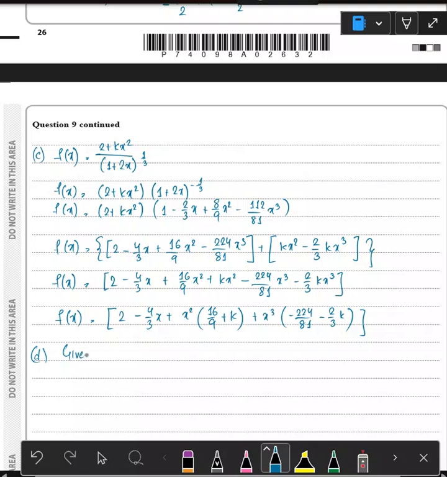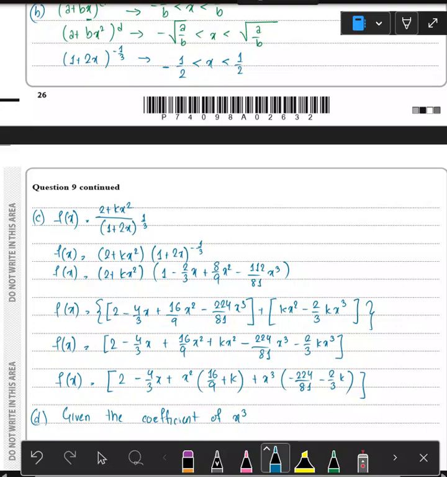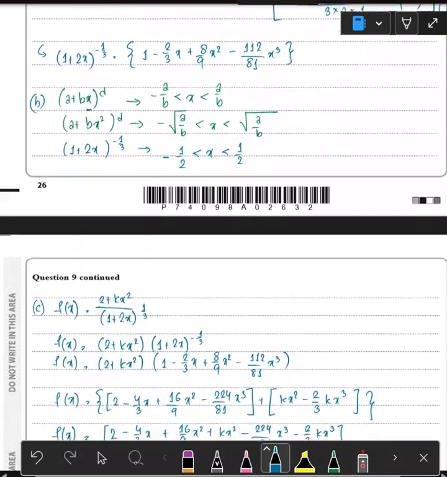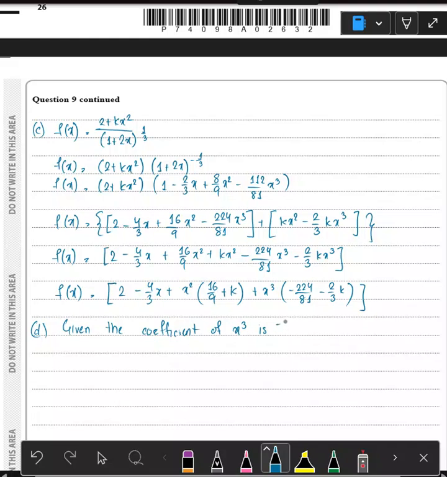Given the coefficient of x cubed is negative 8 by 3, and we got the coefficient of x cubed to be negative 224 by 81 minus 2 by 3k.